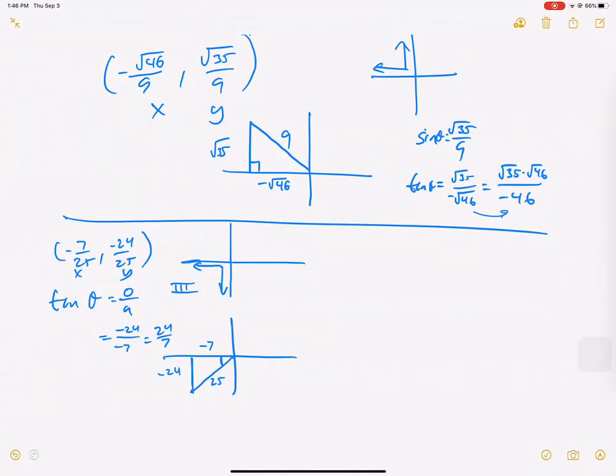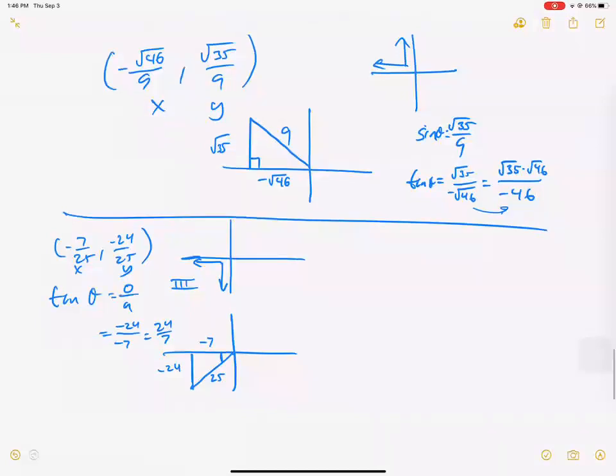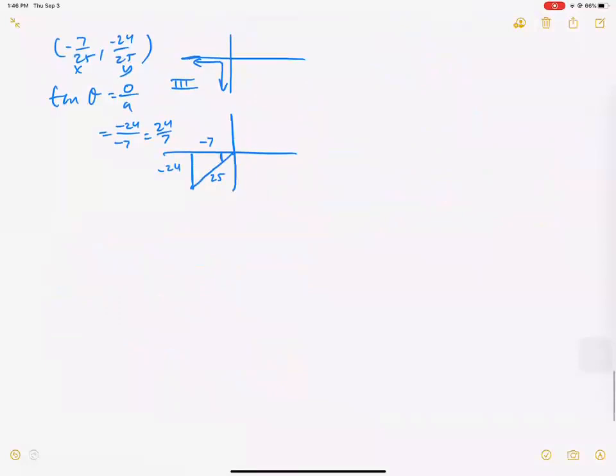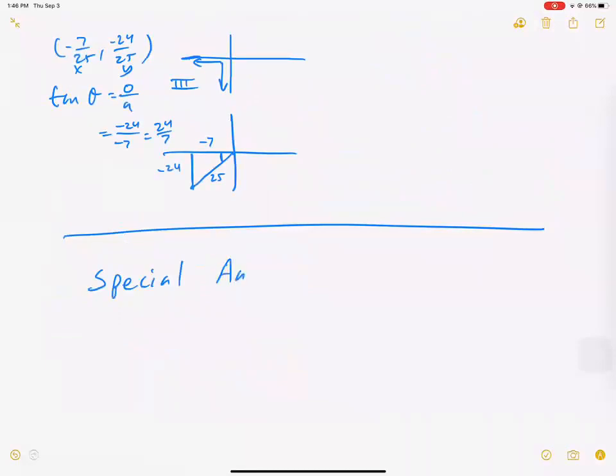Now the last part of this is we want to talk about special triangles that we have to deal with. We have special angles for us. That's going to be 30, 60, 45, and 90.